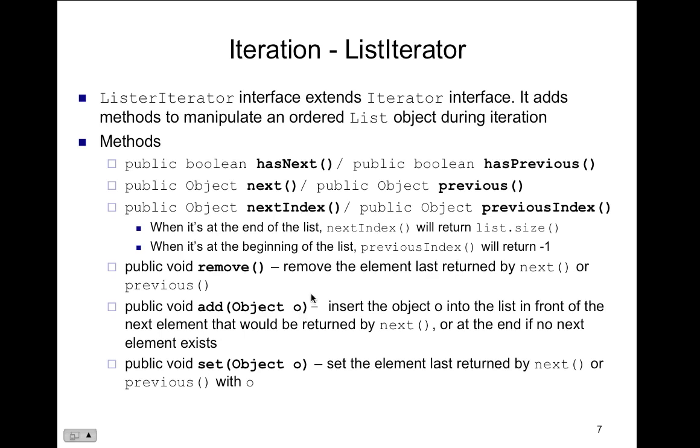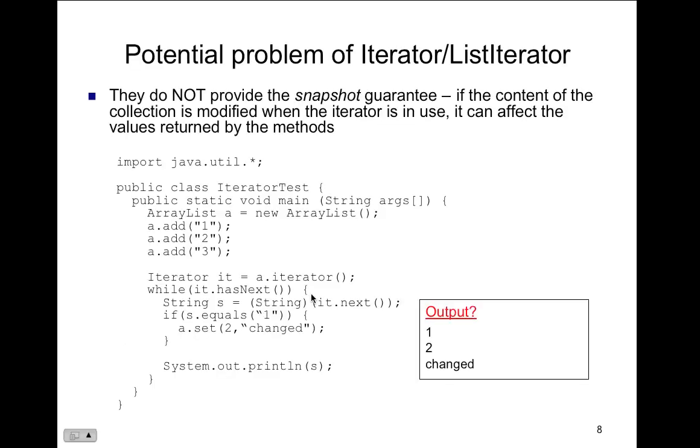And potential problems with the list iterator and the iterator, they don't provide the snapshot guarantee. So if the contents of the collection is modified when the iterator is in use, so after the iterator started being used, it can affect the various values of the methods, because it only knows what it had when it started the iterator.